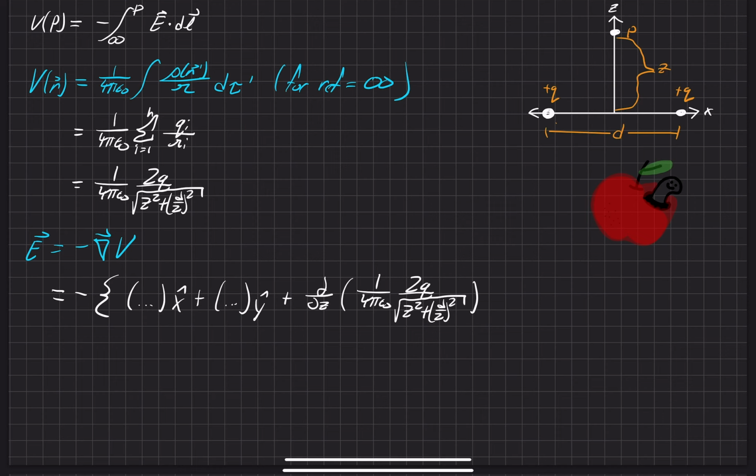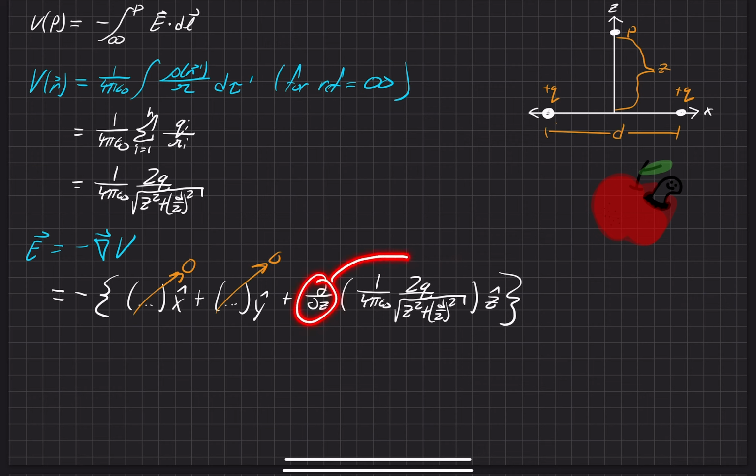And this points in the z-hat direction. Right, and so the reason why I did all these dots is because these are partials with respect to x and y, and there's no x or y here, thanks to the symmetry. So we'll go ahead and turn these into zeros, right? And just concentrate on this one right here.